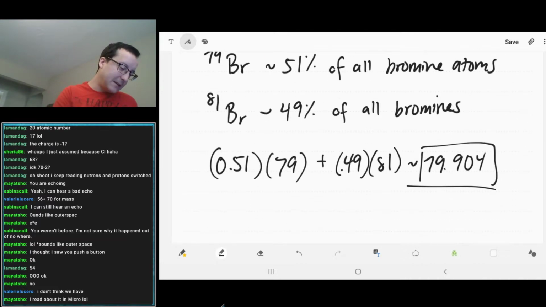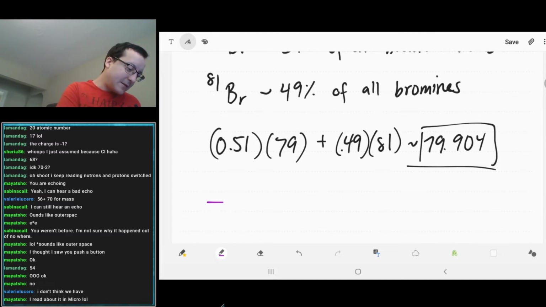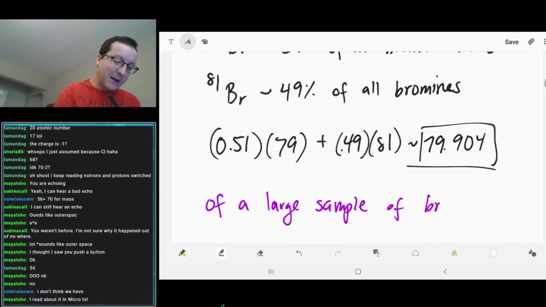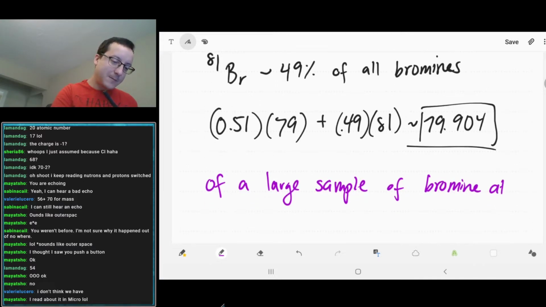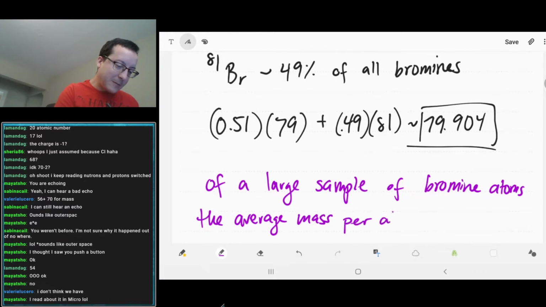And what this means is that of a large sample of bromine atoms in this example, the average mass per atom is 79.904 AMU.